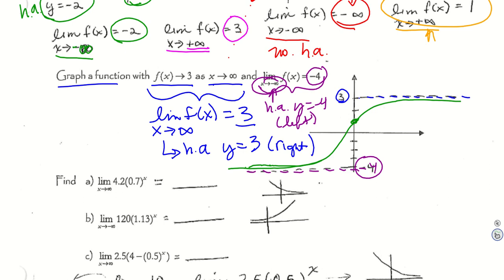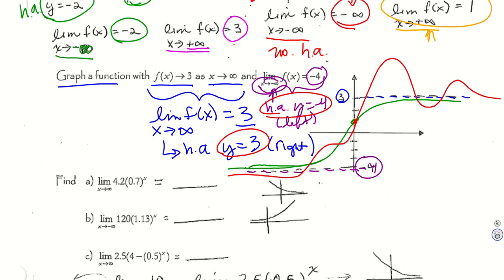Now there are lots of them. I could even do a graph that looks something like this. Let's say I start at this point, and this point actually goes up and down and up and then levels out here. Let's say here it comes in and it crosses over and then comes in and levels here. So that also has a horizontal asymptote to the left of y equals -4 and then to the right of y equals 3.